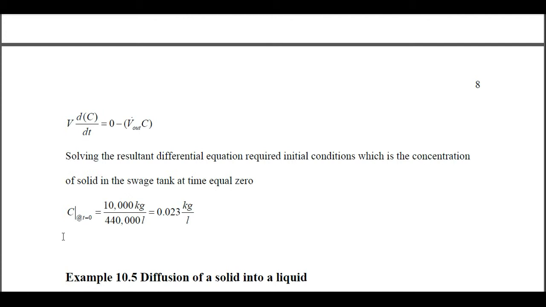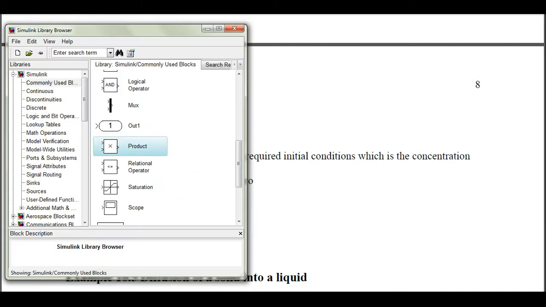Our initial concentration at time 0 was the mass over the volume. Initially we had 10,000 kilograms of solids, and the volume was 440,000 liters, and we got this number. Now we will move to Simulink to solve it.